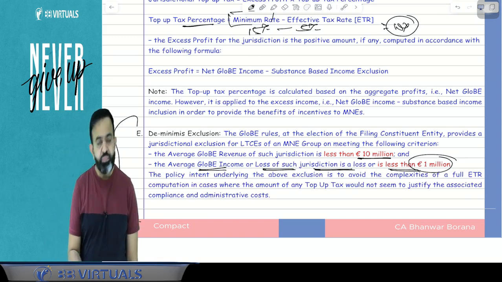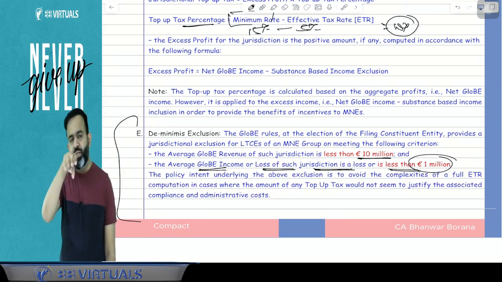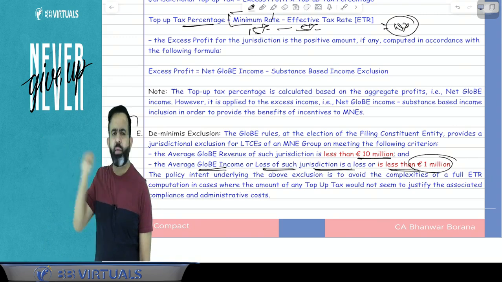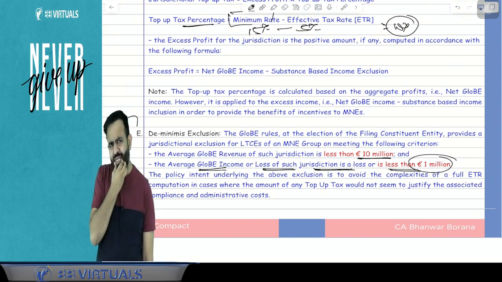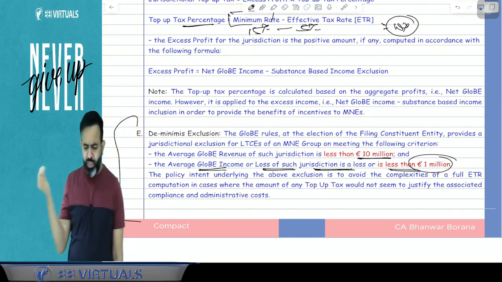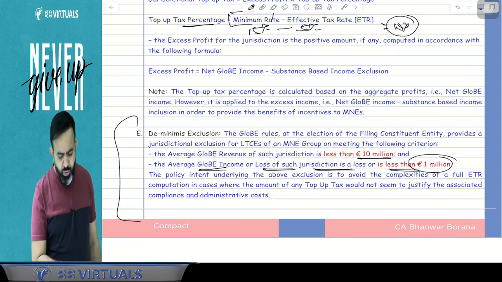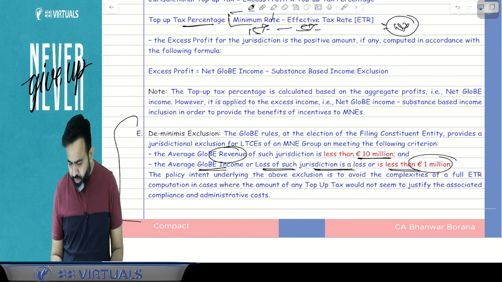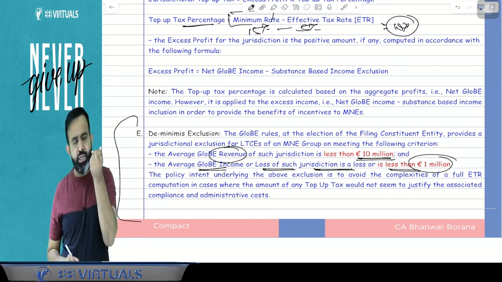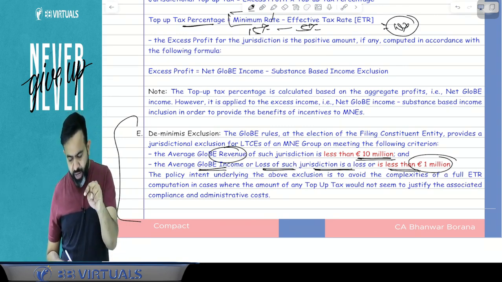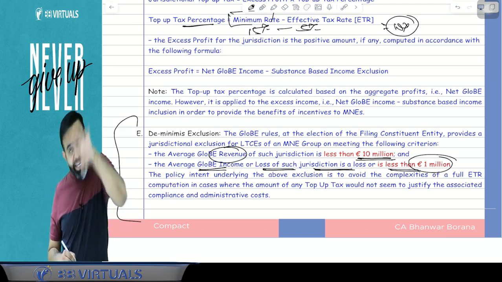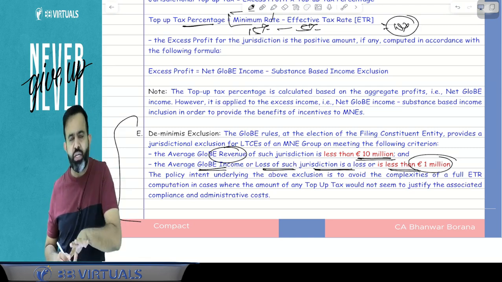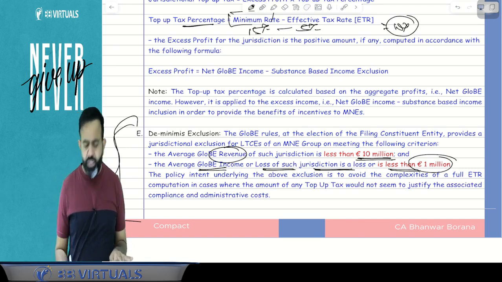So in simple words guys, for an example, Unilever is having a presence in Nepal also, but in Nepal they are getting very less revenue. So guys, suppose from Nepal their revenue is less than 10 million euros, and their profit or loss is less than 1 million euros, then guys, there is no need to check that.